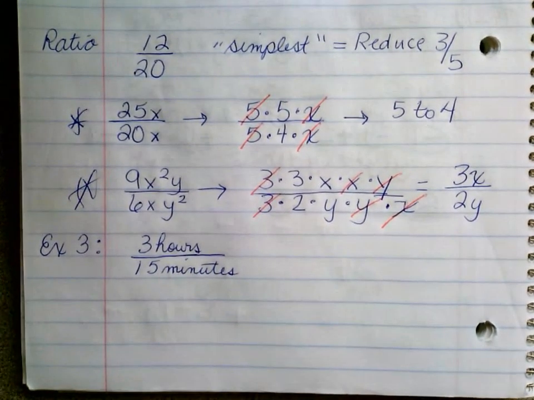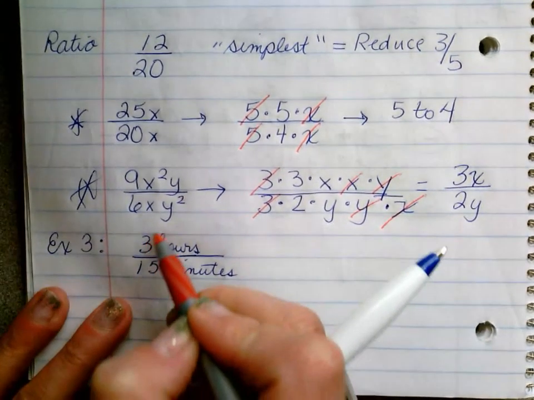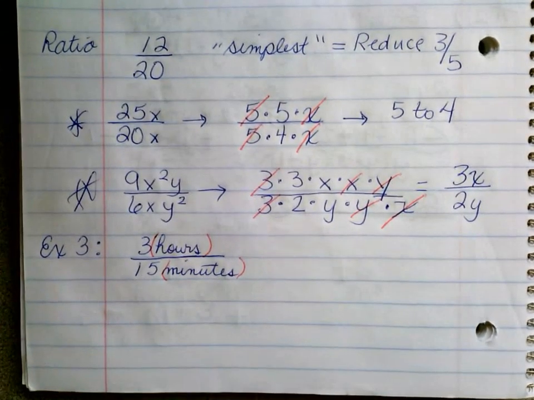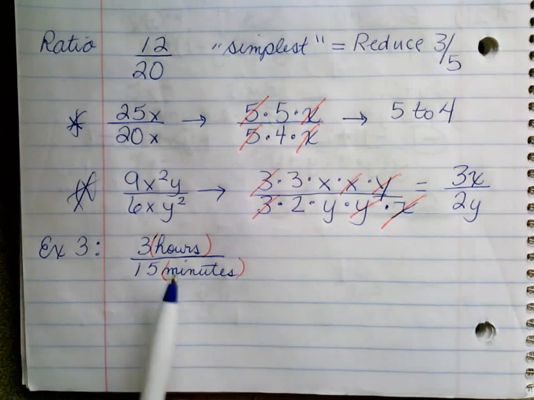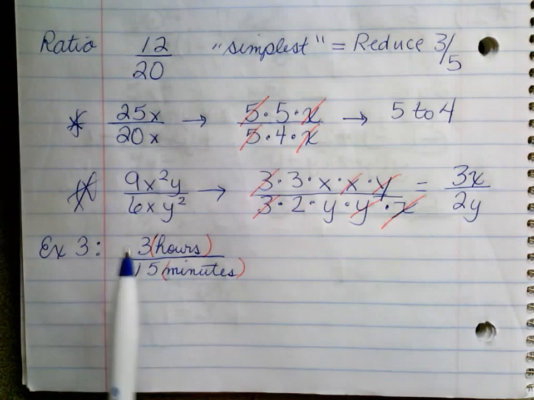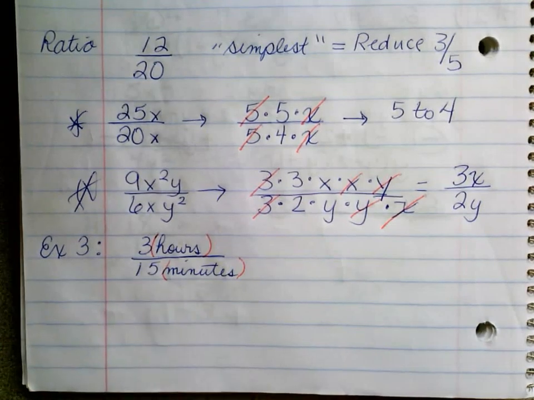Some of you, right off the bat, might think 1 hour and 5 minutes because of the numbers. But the problem here is that you have 2 different unit types. To reduce these items appropriately, they both need to be the same unit type. So either convert this to a quarter hour, pain in the rump, or convert this to 180 minutes. We're going to go that route.